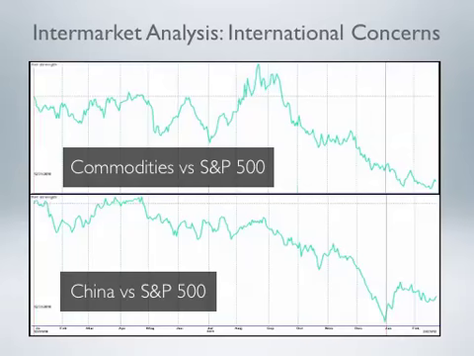This is a clear warning sign that China is having massive problems and is one of the biggest concerns inside of our investment team, that China may be experiencing a hard landing. We've yet to see it, but they've had lots of problems with inflation and their property bubble, and this chart points to that and is showing you that it's not the place to be investing at this time.